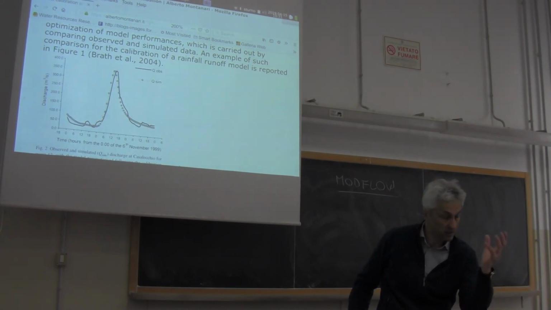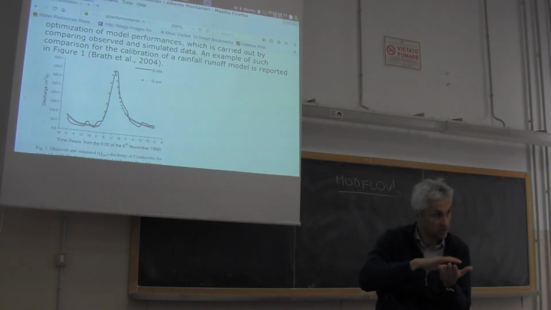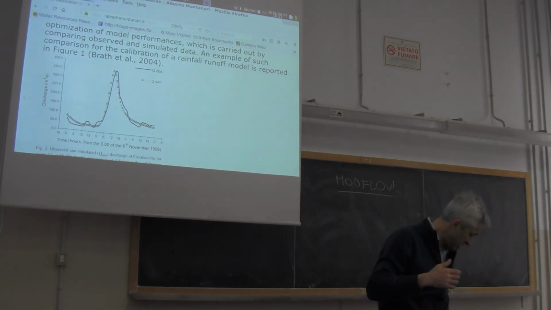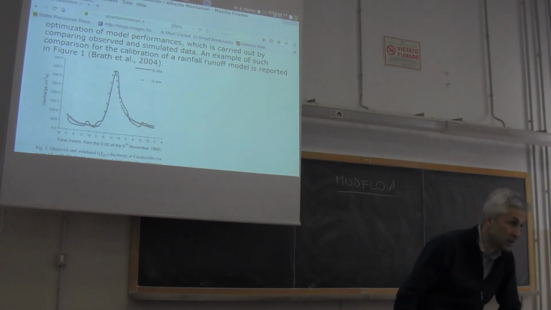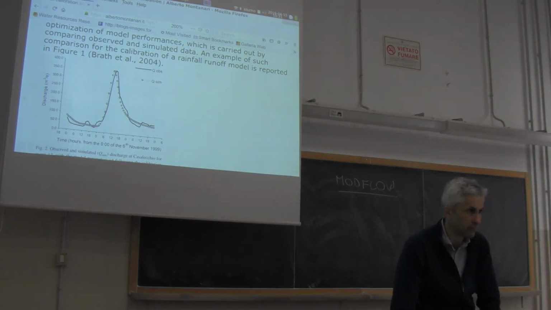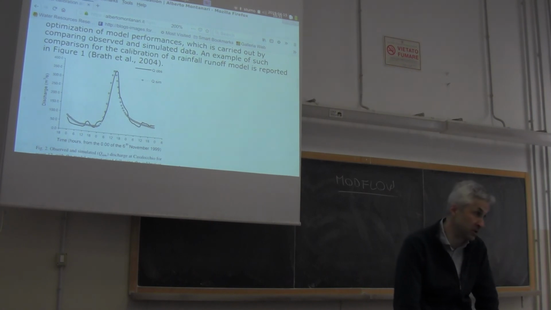You assess uncertainty by visual assessment, because of course, by looking at the difference between observed and simulated hydrograph in this case, you get an assessment of uncertainty. This is a trial and error procedure.